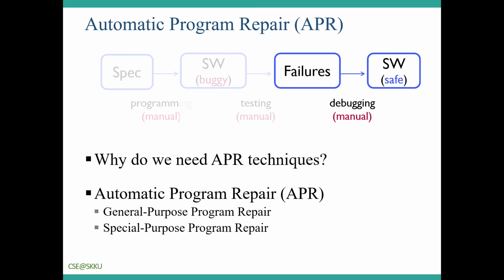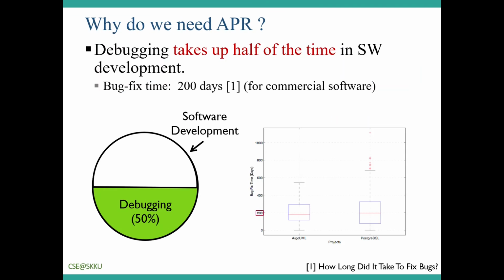Alright, let's start with the motivations. As you might have already guessed, debugging takes up about half of the total software development time. The chart on the right shows that, on average, it takes around 200 days to fix a single bug in commercial software.